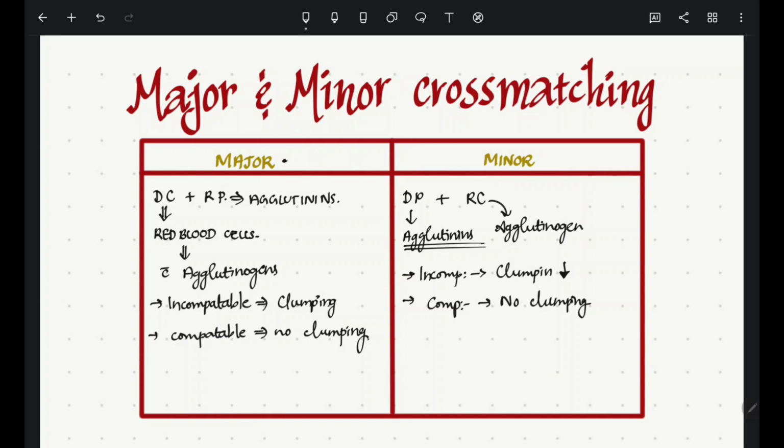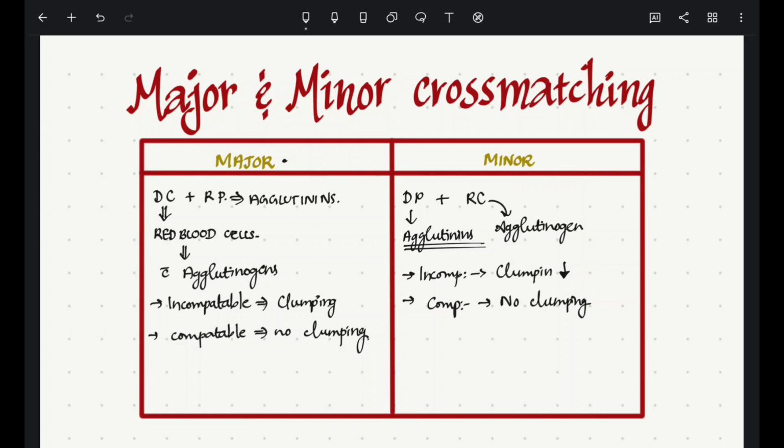In this reaction, even if a small amount of donor's RBC is transfused to the recipient's body, it will cause a lot of clumping. That's why it is called major cross matching, because it plays a major role in determining whether this blood group is compatible or incompatible.